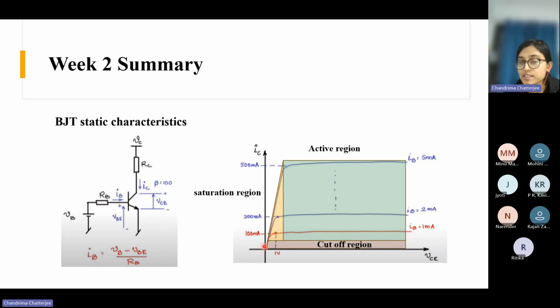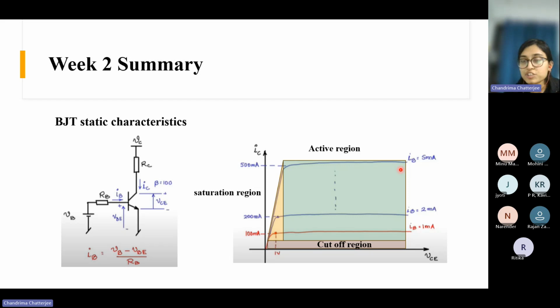And in this region, if you see, the collector current is almost linear. It is increasing linearly as we are increasing VCE, right? So this region we call the saturation region. This portion of linear rise is the saturation region, and this region is important when we want to operate the BJT as a switch.